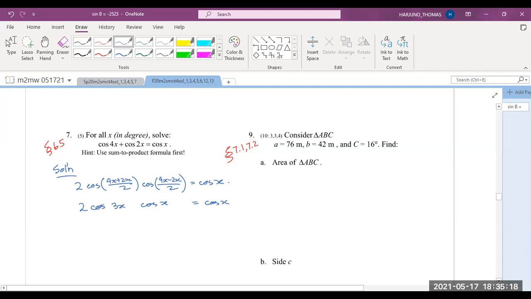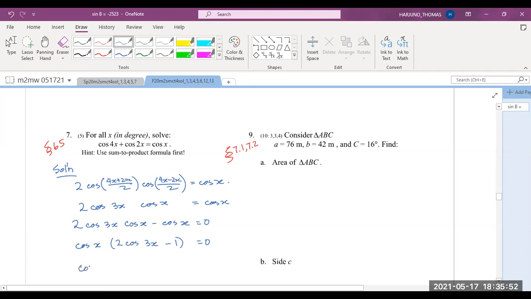Now, never divide by an expression that is possibly 0. In this case, you will move the cosine x to the left-hand side and factor it. So we have 2 cosine x times 2 cosine 3x minus 1 equals 0.